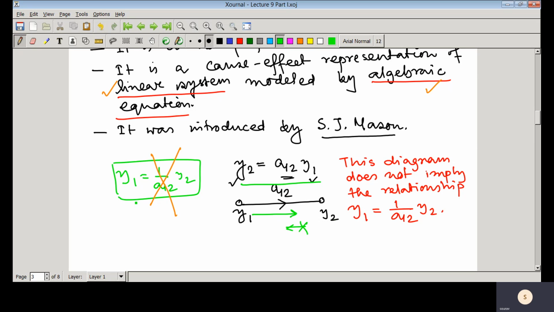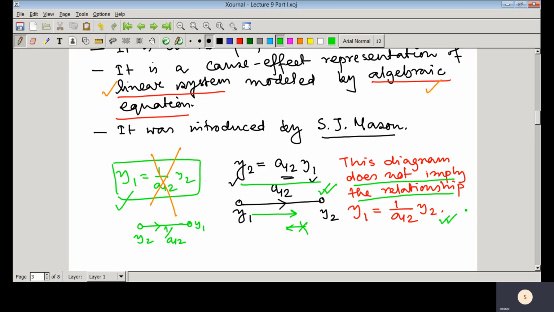So if you go with the representation y1 equal to 1 by a12 into y2, it would imply that signal flows the other way. But this particular signal flow graph does not imply that relationship. So in a signal flow graph, you should not go with that type of operation, because this is a wrong description of the system.